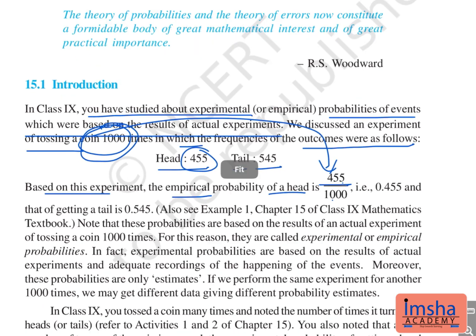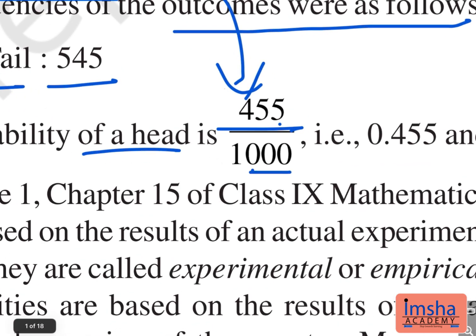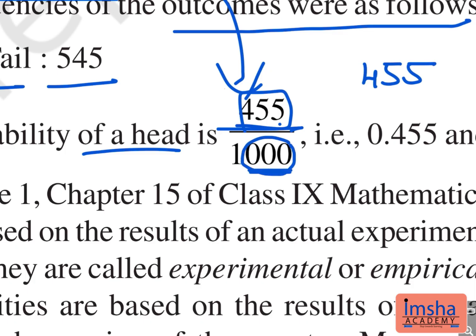When there are three zeros, some students may be confused about how to add the decimal point, right? Dividing by 1000 means that after three digits we have to add a point, because there are three zeros.